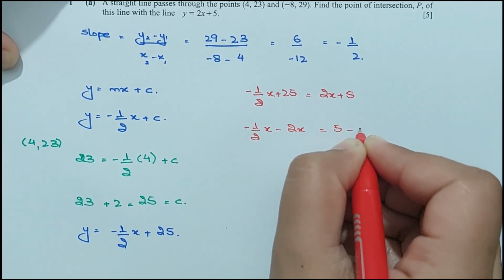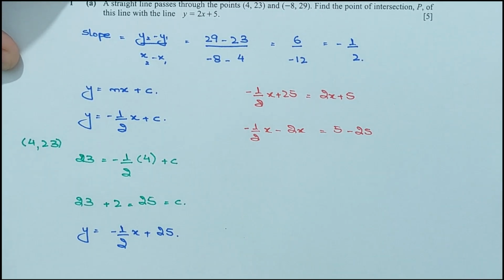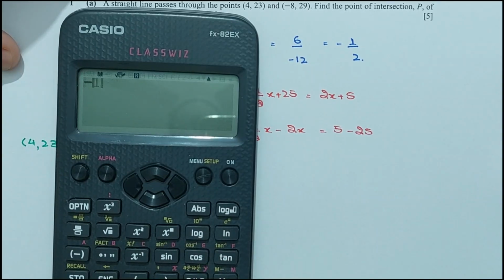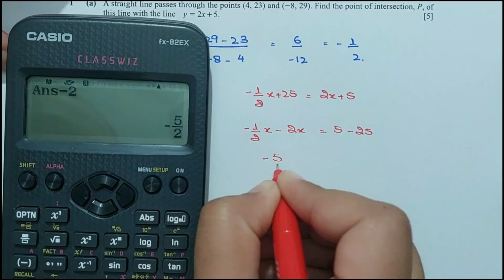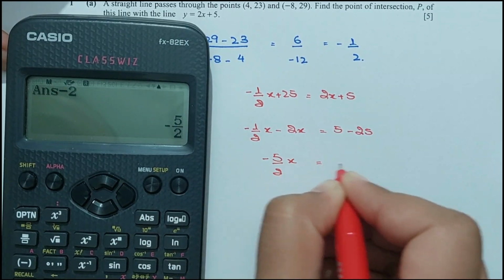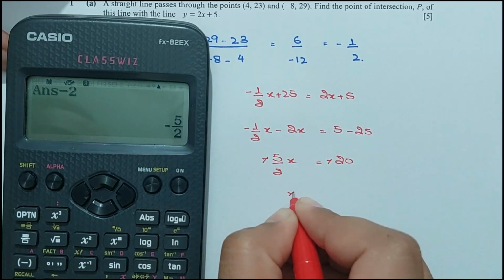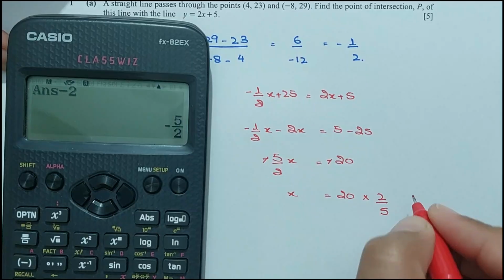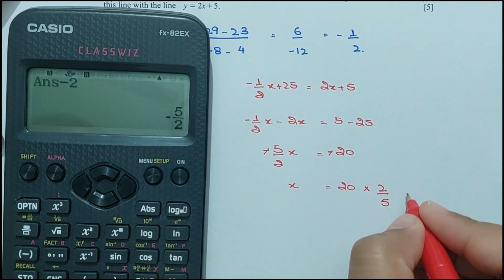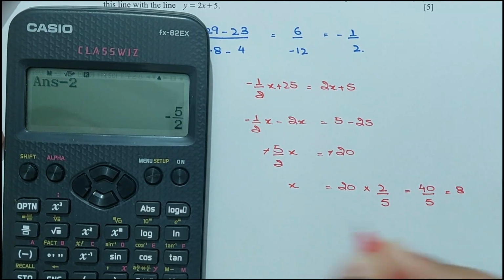We have 5 minus 25, shifting the 25, and shifting the x: minus 1/2 and minus 2. Minus 1/2 and minus 2 is minus 5/2. And here we have negative 20. The negative sign cancels with the negative sign, so x equals 20 times 2/5. 20 times 2 is 40, 40 over 5 is 8. So the x coordinate of the point P is 8.